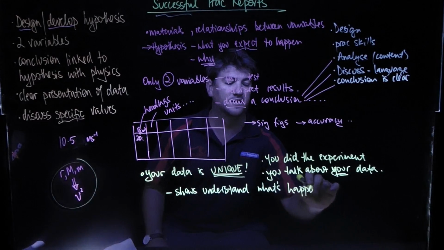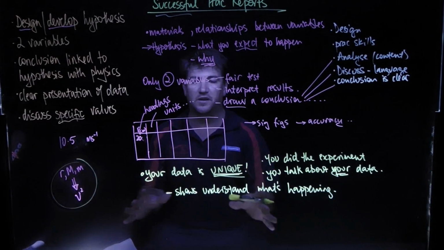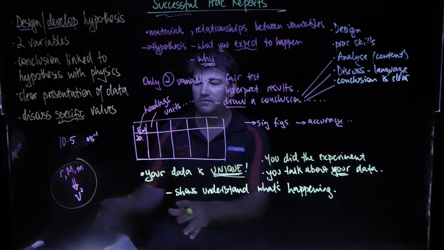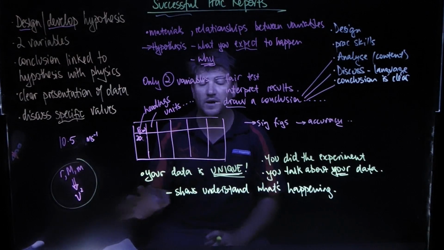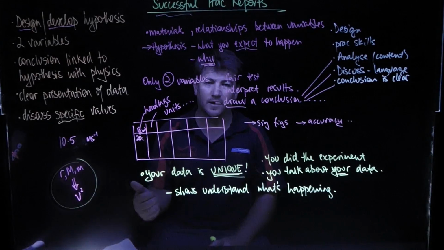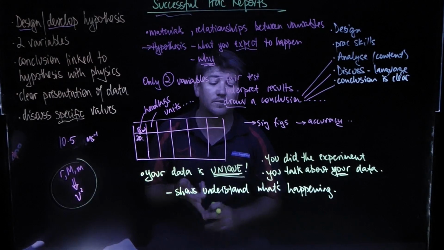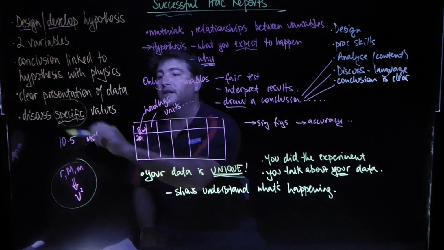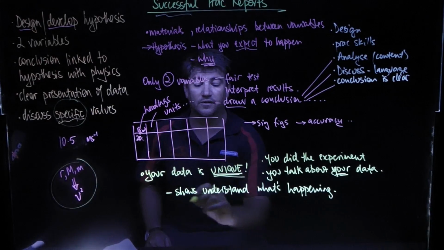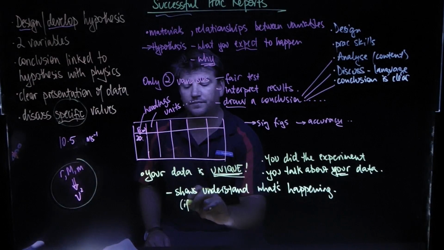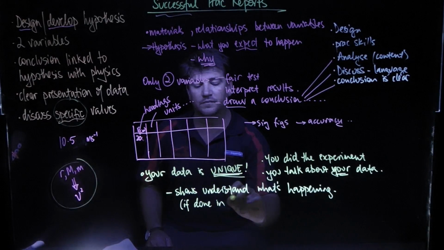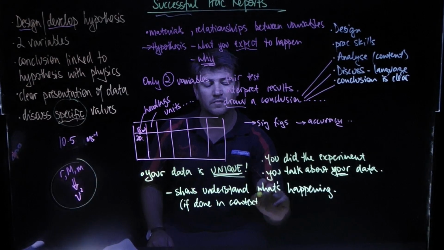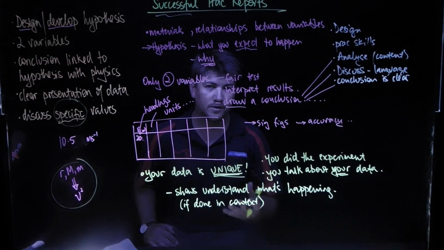Rather than you manipulate some equipment and some numbers just magically appear. You made them appear. Where did they come from? What do they mean? How do they relate to each other? So if you're able to discuss specific values from your experiment in context, then you're able to show me that you know what you've done.